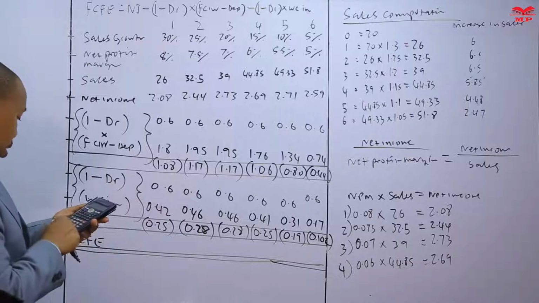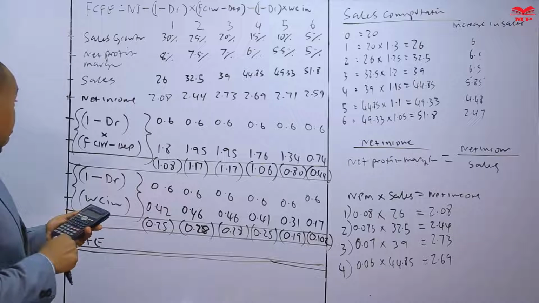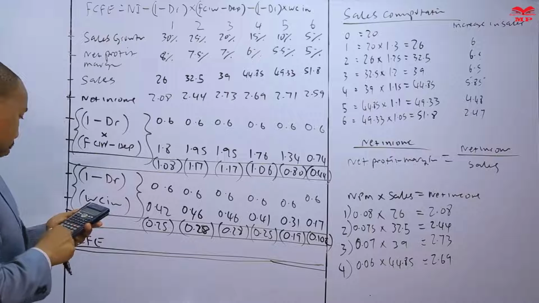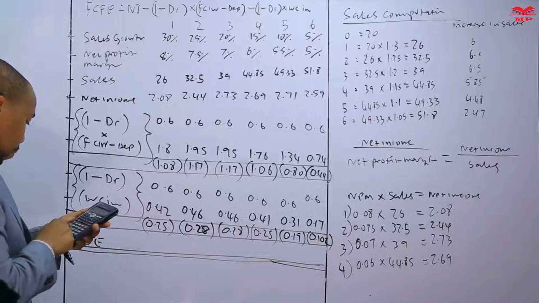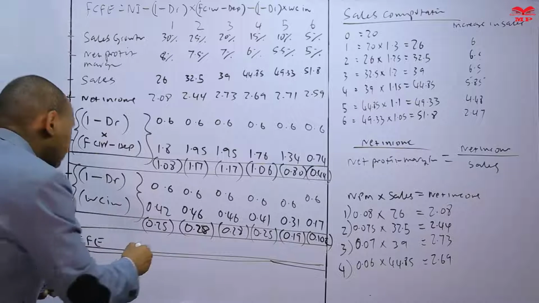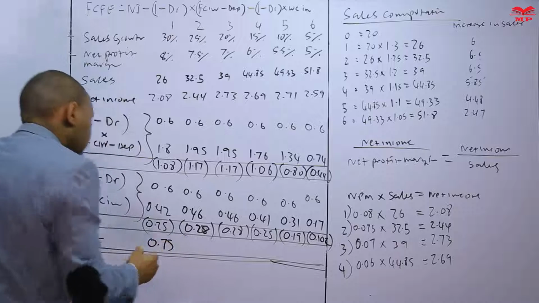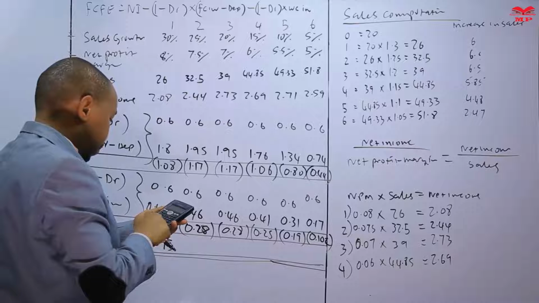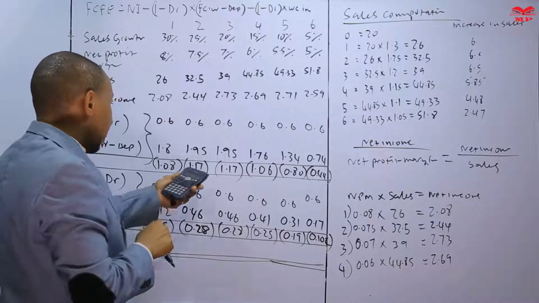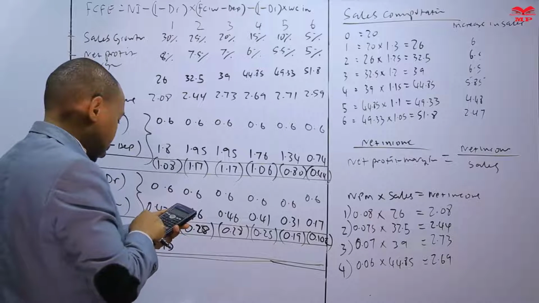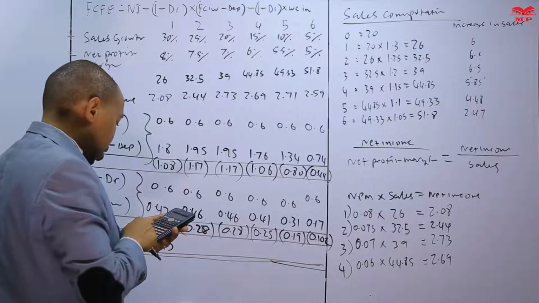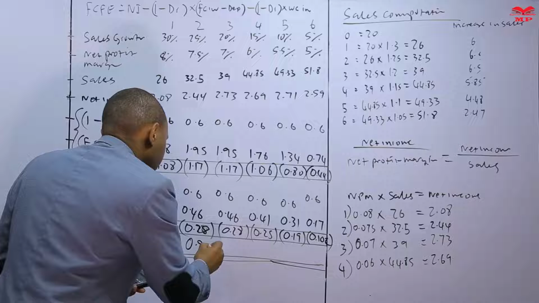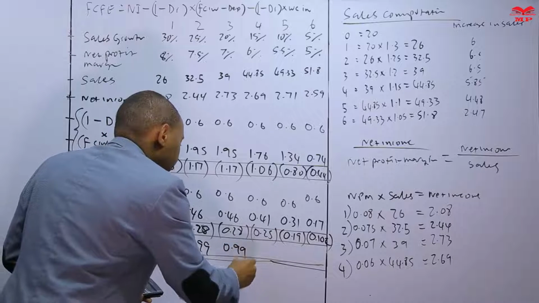So in the first case, we get 2.08 minus 1.08, then minus 0.25, that is 0.75. Then we have 2.44, we less 1.17, then less 0.28, 0.99.